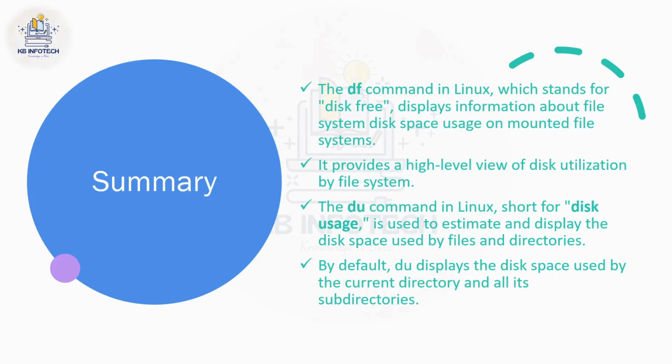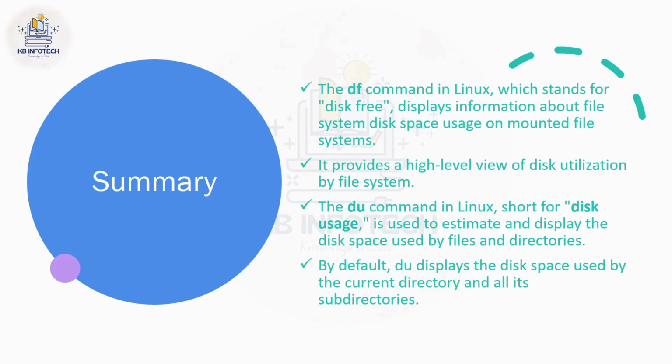In this video, we have discussed two important commands related to disk space management, which are df and du. The df command, which stands for disk free, is used to display information about file system disk space usage on mounted file systems. It provides a high level view of disk utilization by each mounted file system.